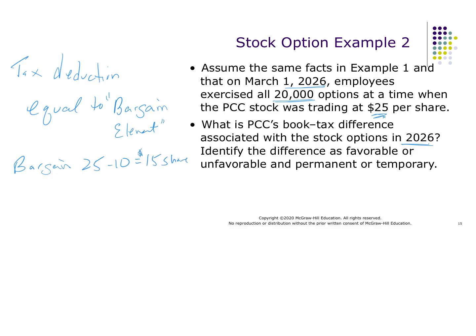And there were 20,000 shares. So 15 times 20,000 equals 300,000. All right. So they get a $300,000 tax deduction in 2026. But that 300,000 is actually two different parts.